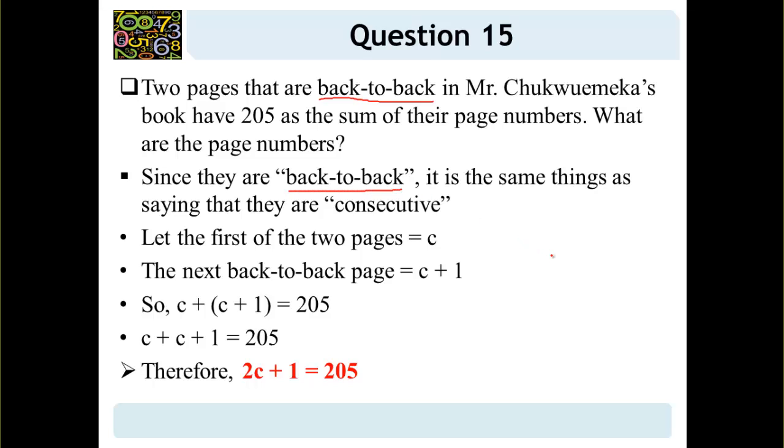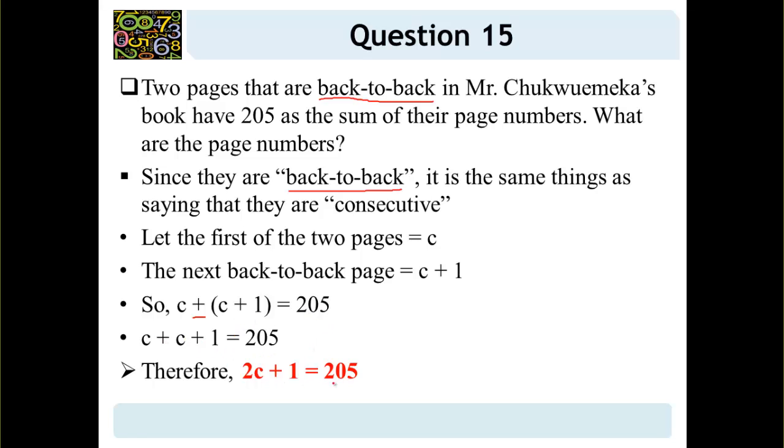So if we have 2 pages that are back to back, if the first page is C, then the next page will be C plus 1. It is consecutive. So we now have that the sum of the first page and the next page is 205.